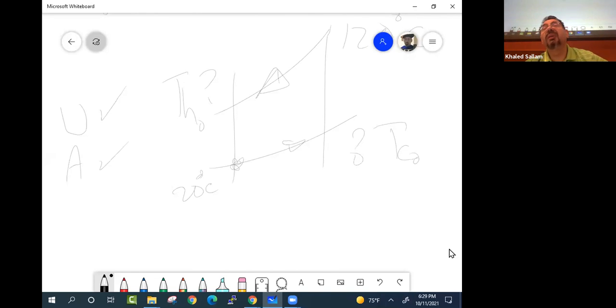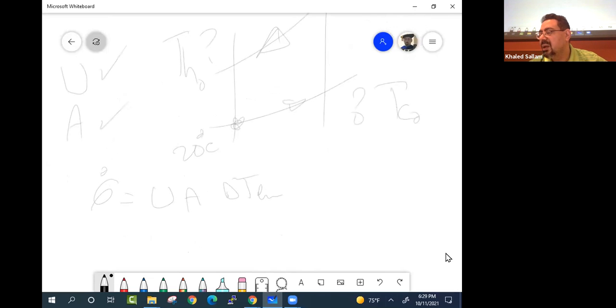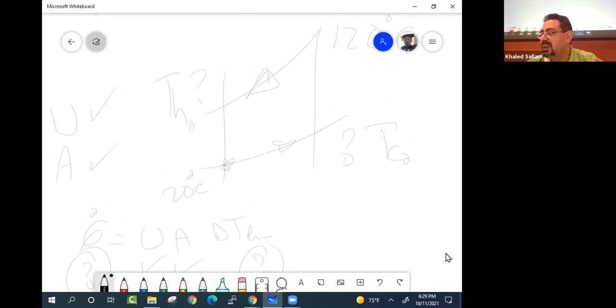Now, what is the problem? Well, I'm going to write Q dot is UA delta T logarithmic mean temperature difference. I don't know the Q dot. I know the U and the area, but I don't know the delta T. Why don't I know the delta T?